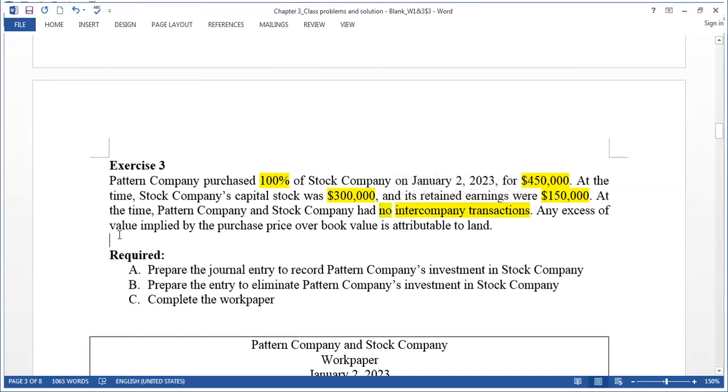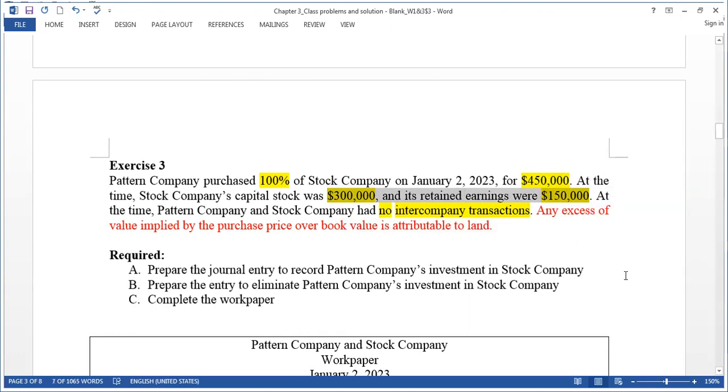And any excess of the value implied by the purchase price over the book value is attributed to the land. So if we have any difference, the difference is going to be allocated to the land account. Unfortunately, in this question we don't have any difference. Look at here. Our implied value is $450,000, and if we add the book value, also 450, right?